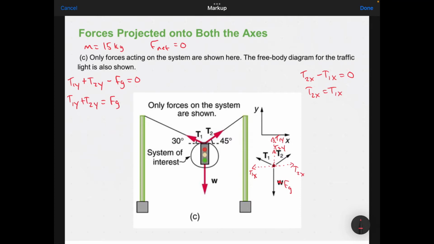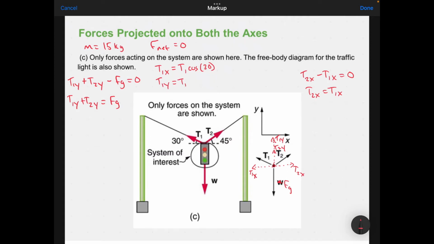So knowing these things, we also know that T1X is going to be equal to T1. Now x is going along the same angle, so that's the 30-degree angle. So that is cosine of 30.